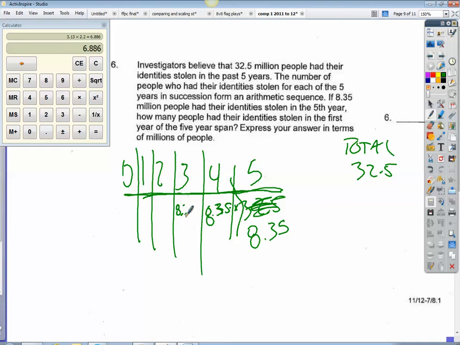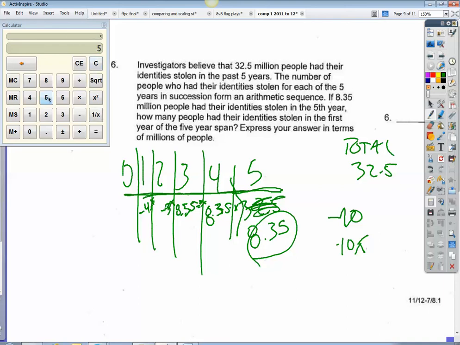8.35 minus 2x. This is minus 3x. This is minus 4x. So we have negative 10x's, because I added 4 plus 3 plus 2 plus 1, and they're all negative. So I have negative 10x. And then I have 8.35. That happens 1, 2, 3, 4, 5 times.